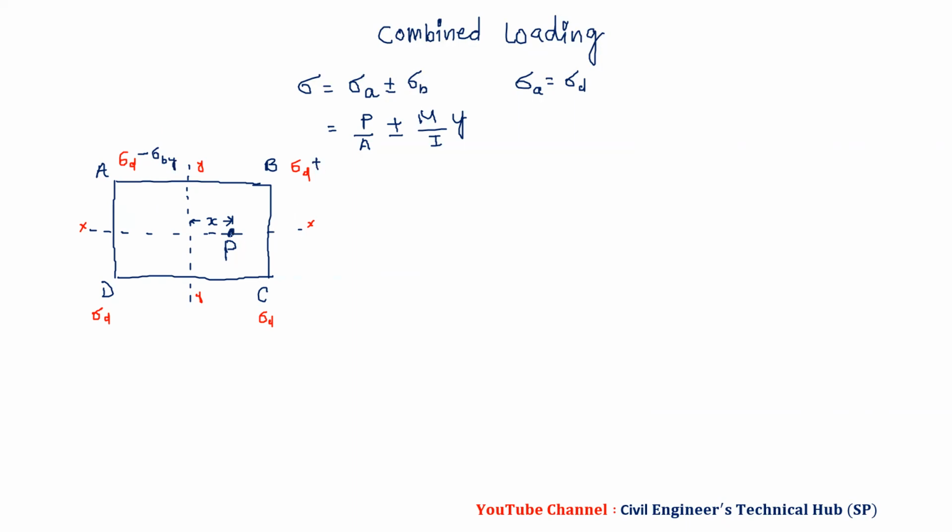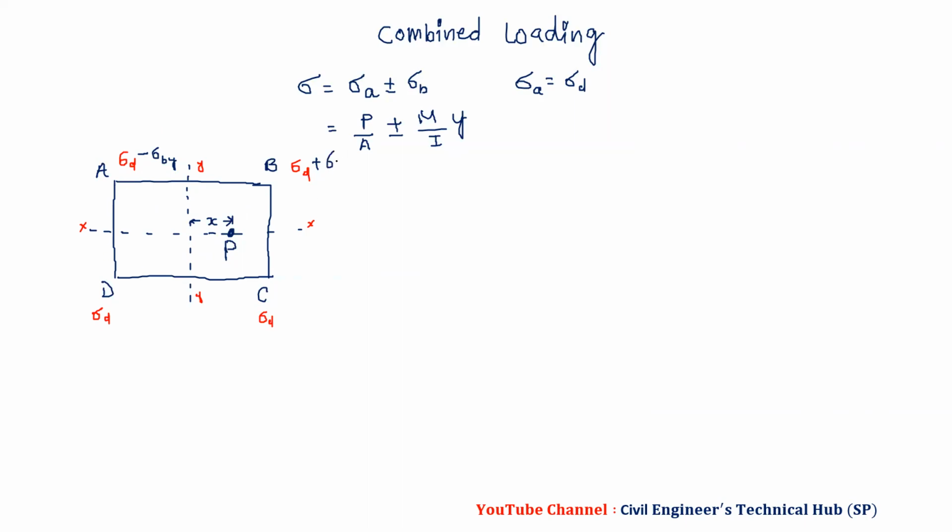Because P is on the right side of Y where we have B and C, this P develops compression stresses due to bending on B and C and tensile stresses due to bending on A and D.